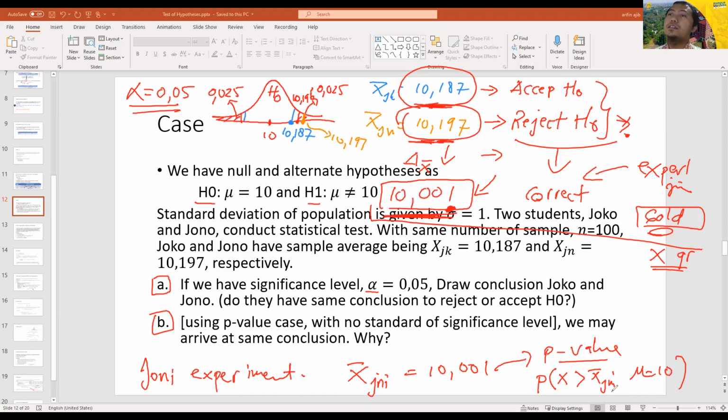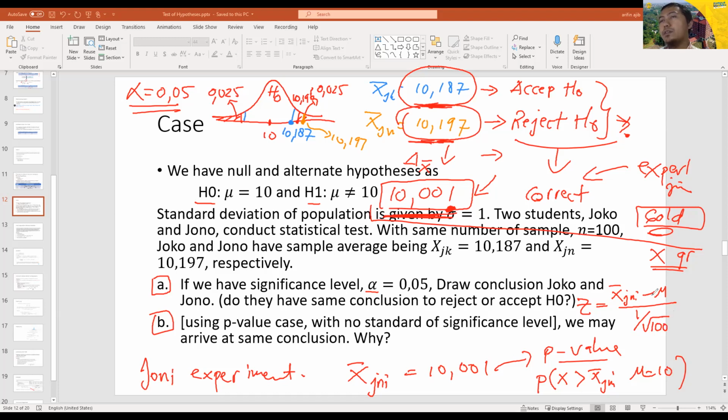So in this case, we compute z equal to x Johnny minus mu, divided by the standard deviation 1 over the square root of 10.